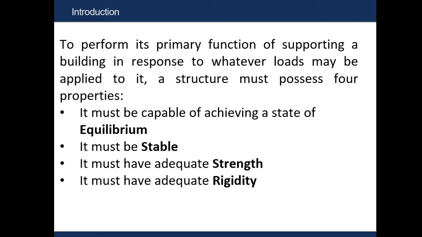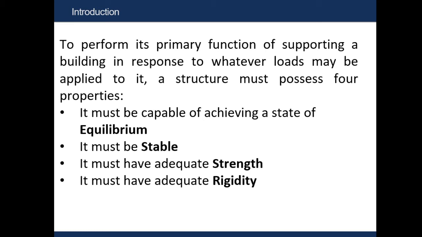In order to be an ideal structure, it should always have these four properties. The first property is that it must be capable of achieving a state of equilibrium. What is equilibrium?